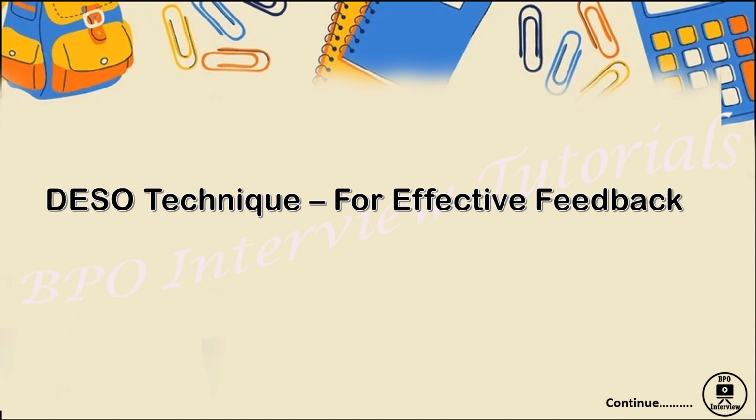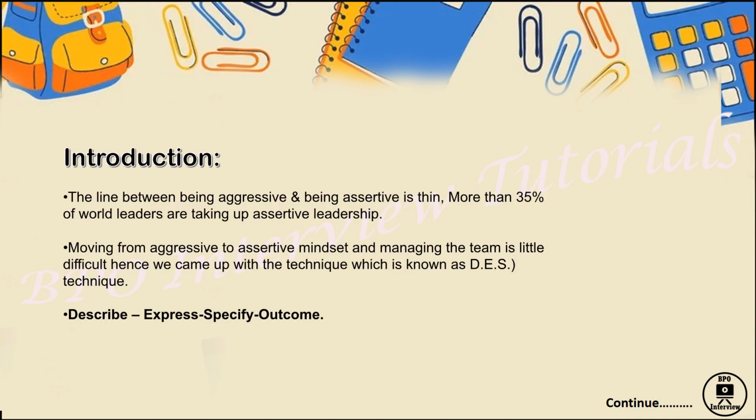So there are many reasons wherein the QA fails in sharing feedback accurately. The DESO technique helps QAs, trainers or team leads give effective feedback instead of moving to the aggressive manner. How can they reduce aggressive feedback and go with assertive feedback? Let's start this topic with an introduction.